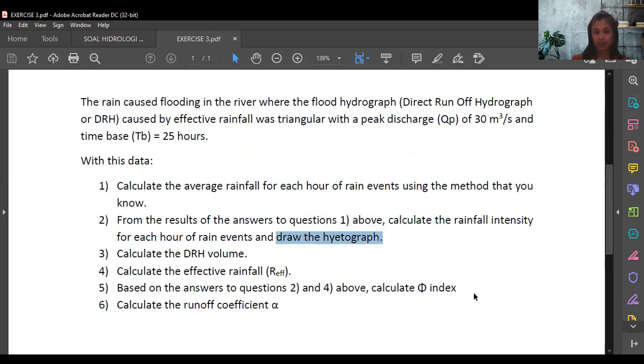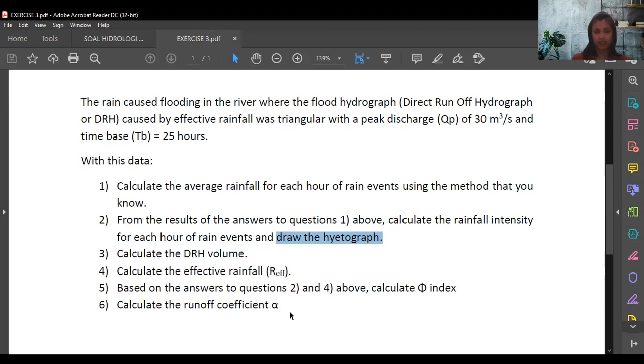So after you calculate the V index, you can also calculate the runoff coefficient. This runoff coefficient, the alpha, is the comparison between the surface runoff and the effective rainfall, I guess.